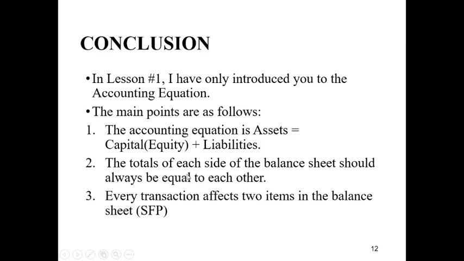The total of each side of the balance sheet should always be equal to each other. And lastly, every transaction affects two items in the balance sheet or the statement of financial position.